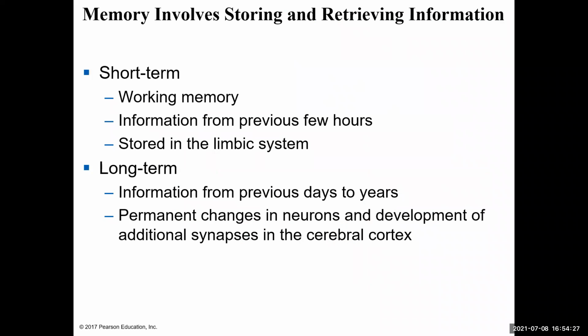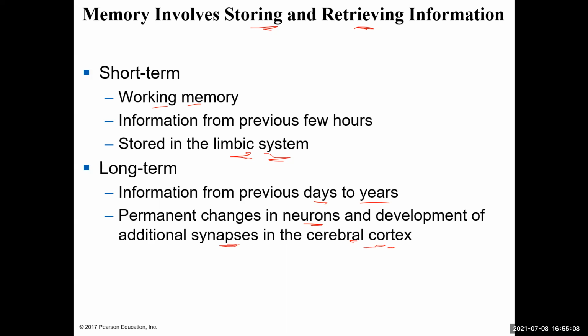And then lastly, memory involves storing and retrieving information. We have short-term memory and long-term memory. Short-term memory is known as working memory. This is information from the last few minutes or the previous couple of hours, and it is stored in the limbic system. Now, long-term memory, information that you store from several days ago to several years ago, actually causes permanent changes in your neurons, and you get development of additional synapses in the cerebral cortex.